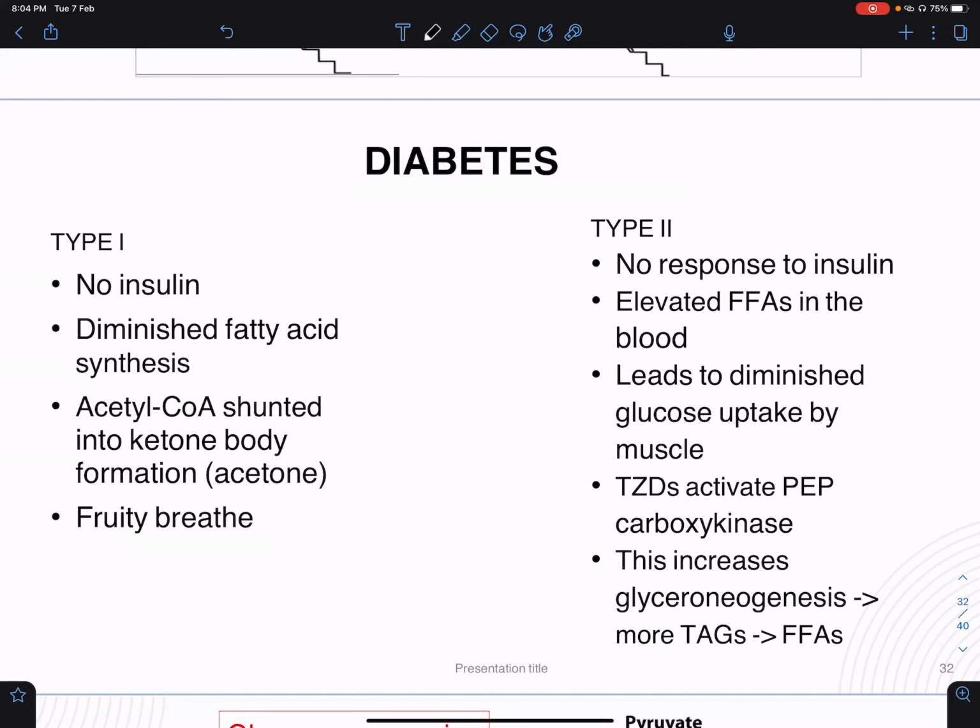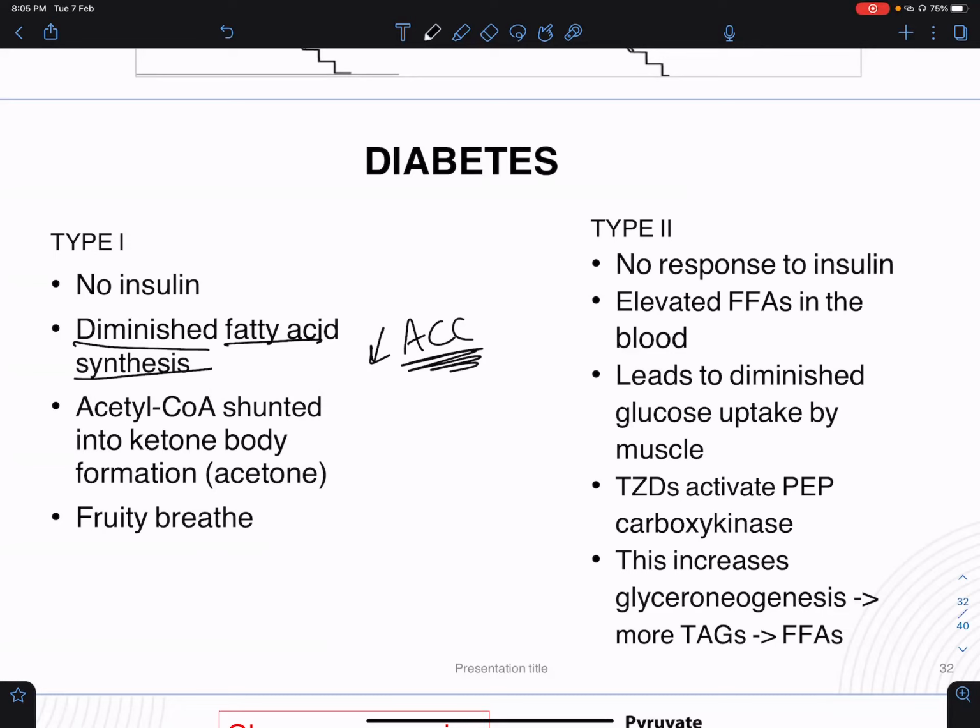Because there's no insulin anymore, we have diminished fatty acid synthesis. Why? Because of the low activity of the ACC. So instead of the acetyl-CoA being shunted into fatty acid synthesis, because it can't go there anymore as the enzyme is not active, it gets diverted into ketone body formation or acetone. So this is what causes the fruity breath in type 1 diabetes patients. Is this part clear?